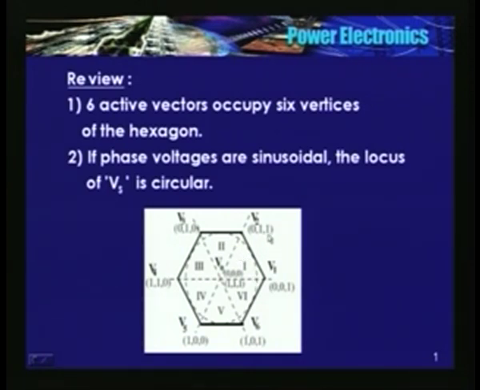Now by turning off the upper switch of phase A, it moves by another 60 degrees. See here, it is 0 1 0. And now turning on the upper switch of phase C, it moves by another 60 degrees, and so on.